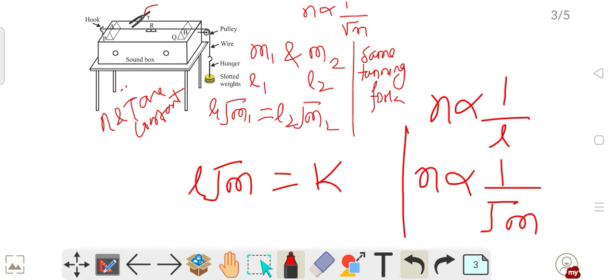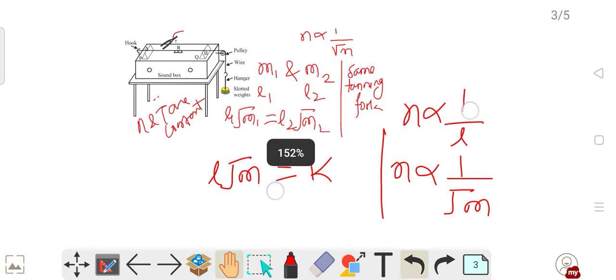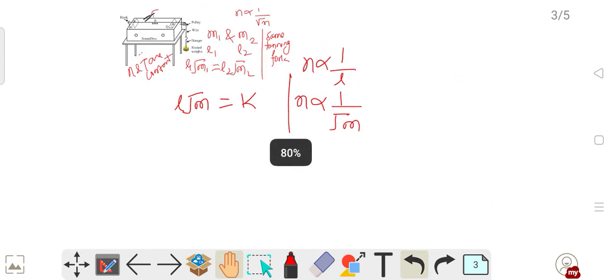How can you say this? Let us try to understand with simple mathematics.